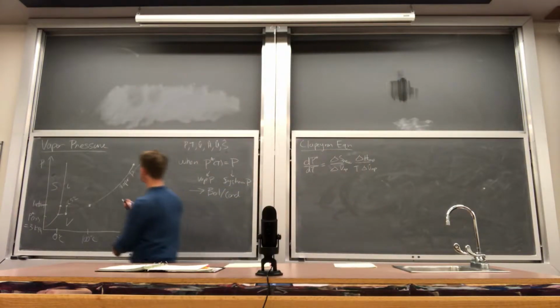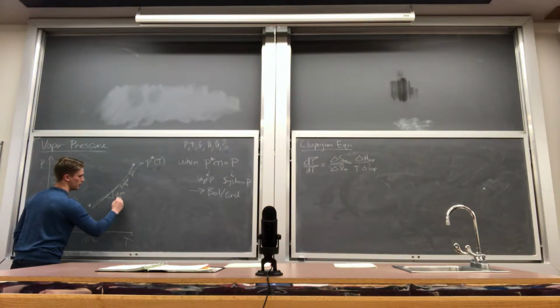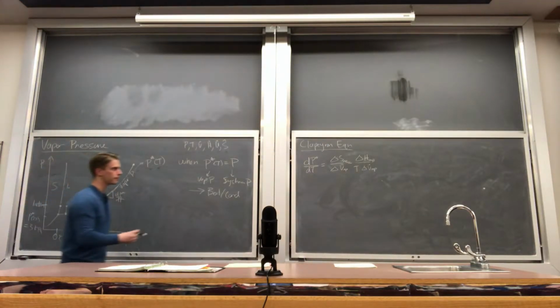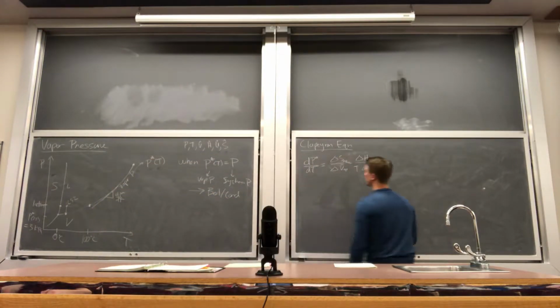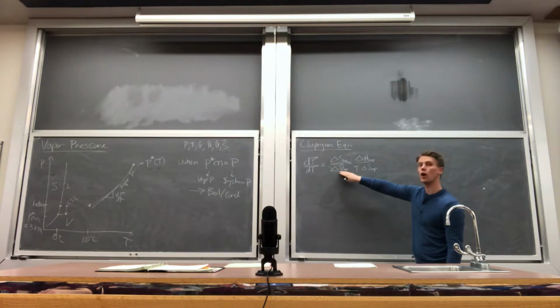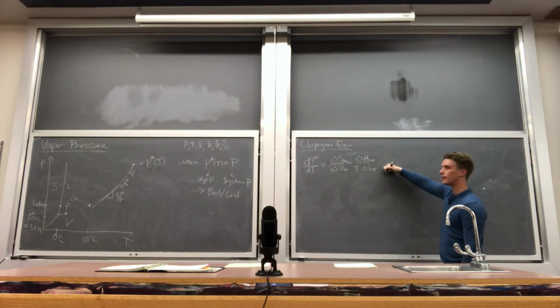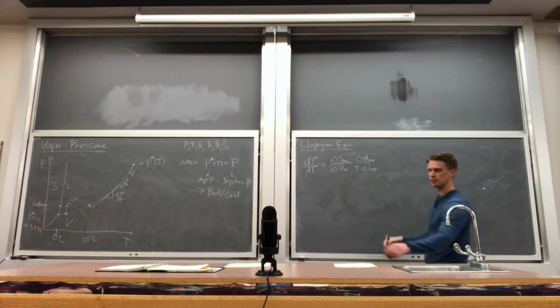So if I were to draw this out, the slope, this is dP star/dT. This is equal to the entropy change upon vaporization divided by the volume change of vaporization, or the heat of vaporization divided by T delta V.